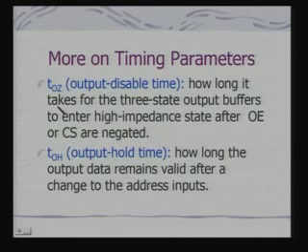How long it takes for the 3-state output buffers to enter high impedance state after OE or CS are negated. And TOH is the output hold time, how long the output data remains valid after a change to the address inputs.